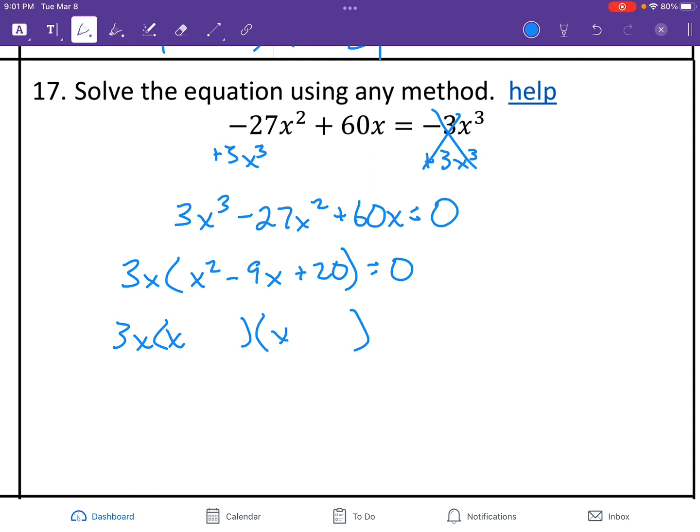Two numbers that multiply to be positive 20 but add up to be negative 9 would be negative 5 and negative 4. And now I can take my three factors, set them equal to 0, and solve for x.